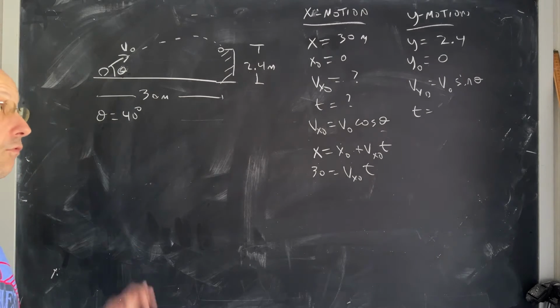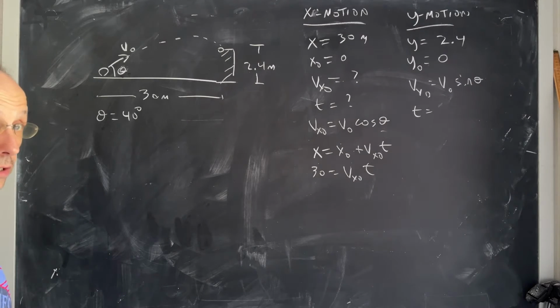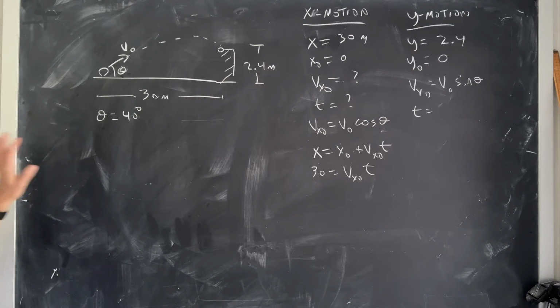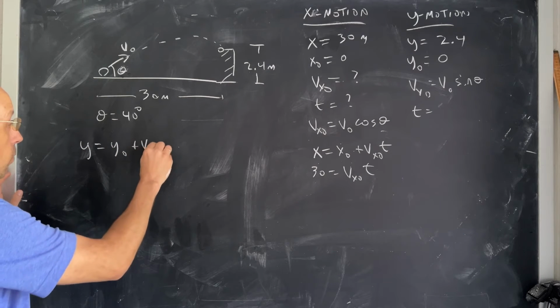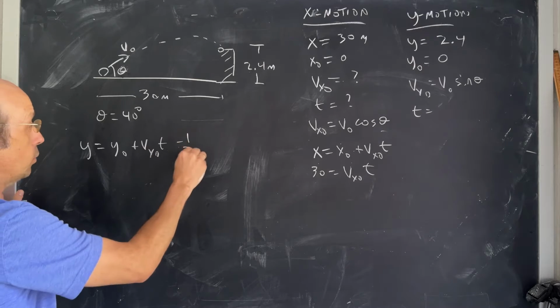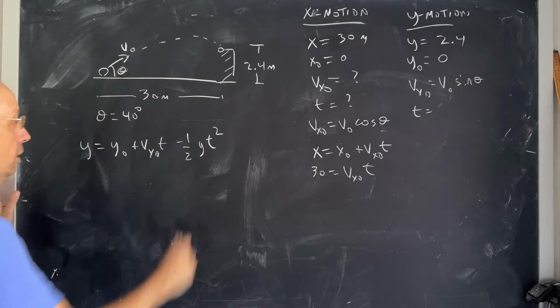But I can write down my kinematic equation for the y direction. I'm going to put it over here to have more room: y equals y0 plus vy0 t minus 1/2 g t squared.